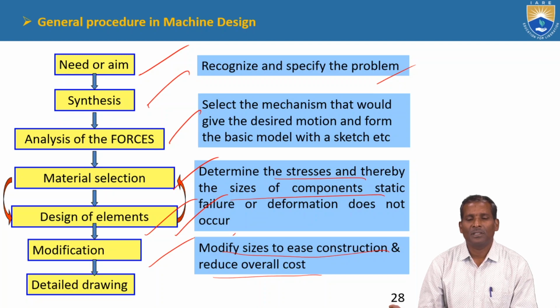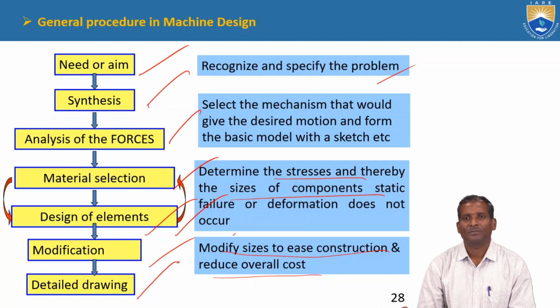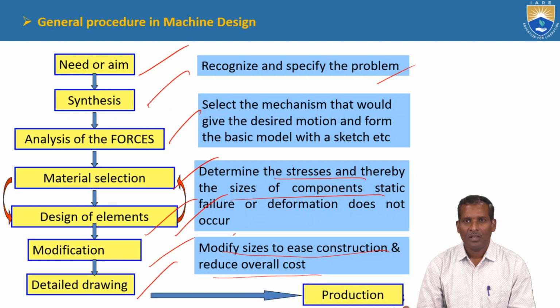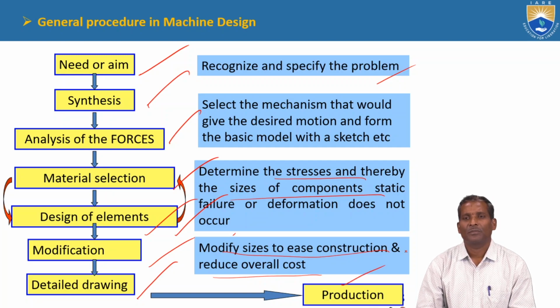With the help of those final dimensions, prepare detailed drawings. That is machine drawings, individual component drawings, part drawings. After that, these drawings go to the production department for manufacturing.